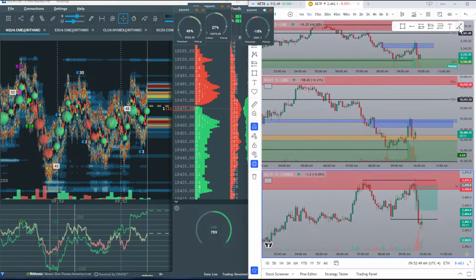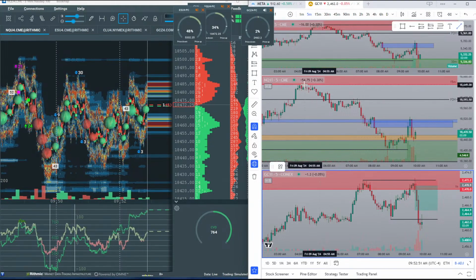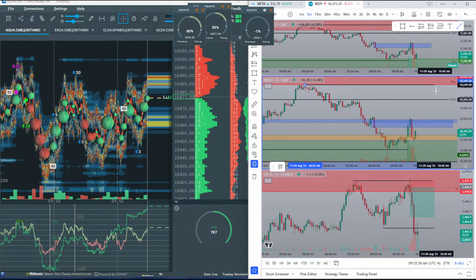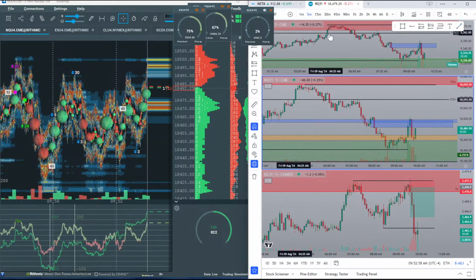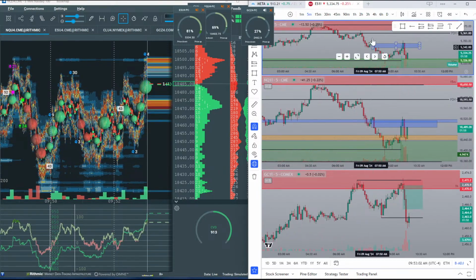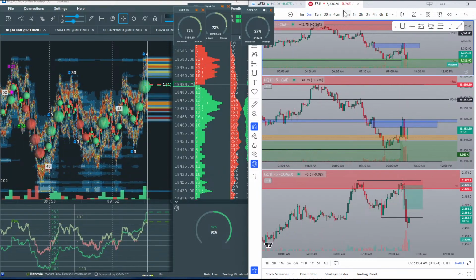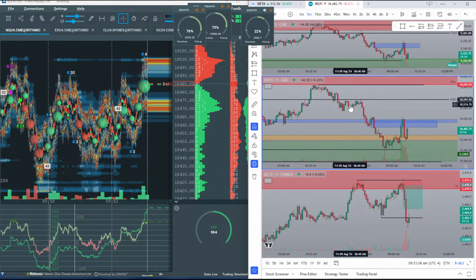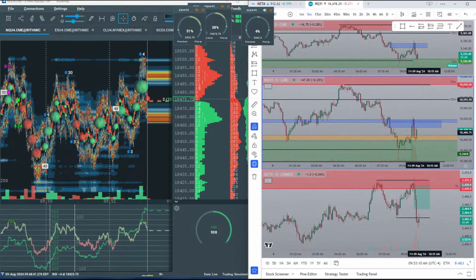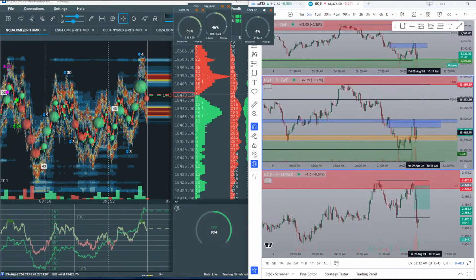I wanted us to take out the highs on NASDAQ while holding the high on ES. So I wanted NASDAQ to make a new high, ES to hold that high, give us divergence, and then I'm going to take that short. So we'll see.